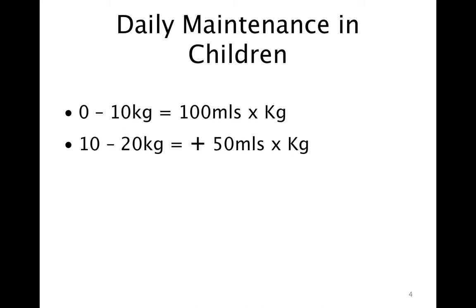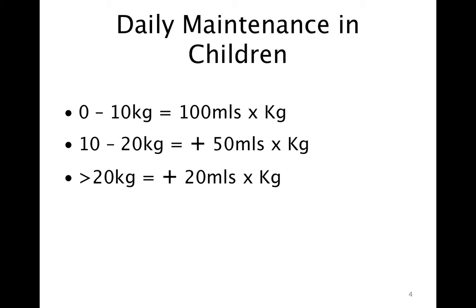If the weight is between 10 and 20 kilos, the maintenance calculation is 1000 ml. That means 100 multiplied by 10 for the first 10 kilos plus 50 ml multiplied by the amount they weigh between 10 to 20 kilos.